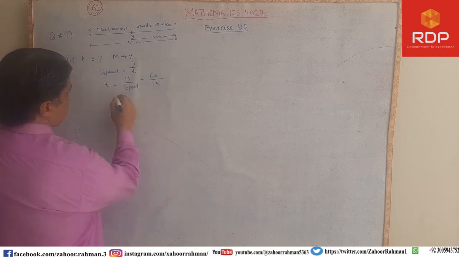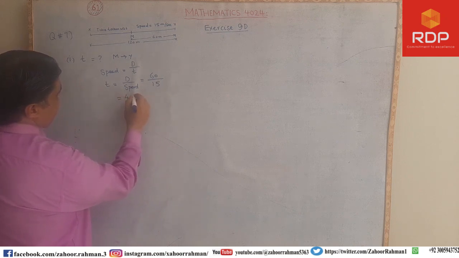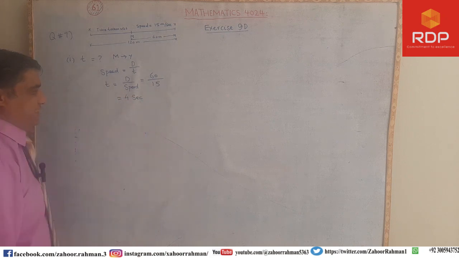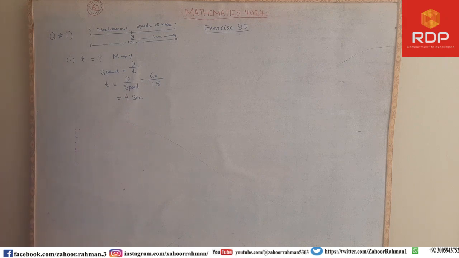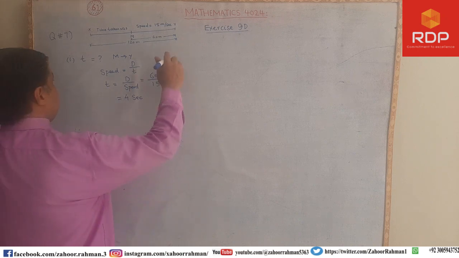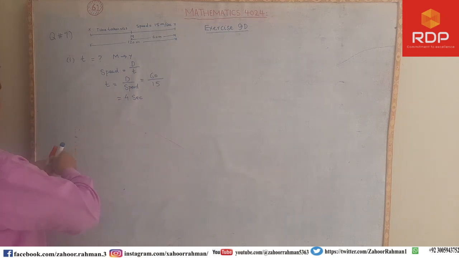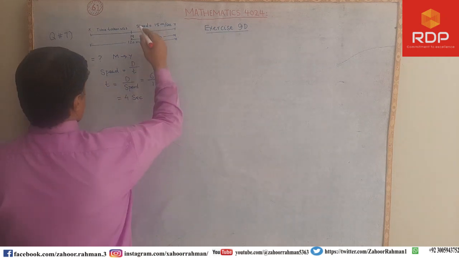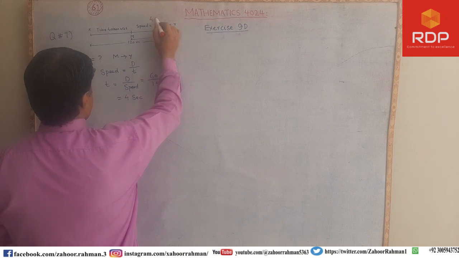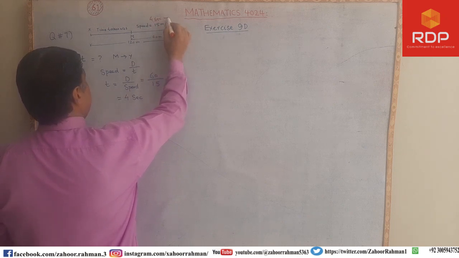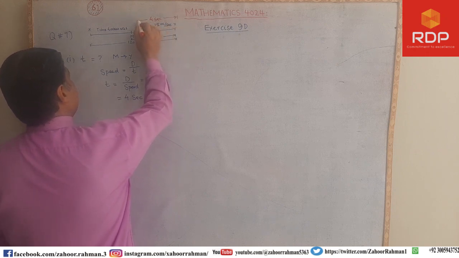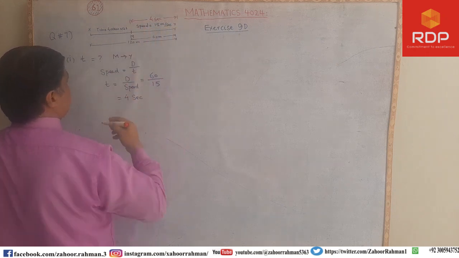So it means that the time taken is 4 seconds. Now this is the first part, and you must write it here because we will need it in the next part, that from here to here they are taking 4 seconds.